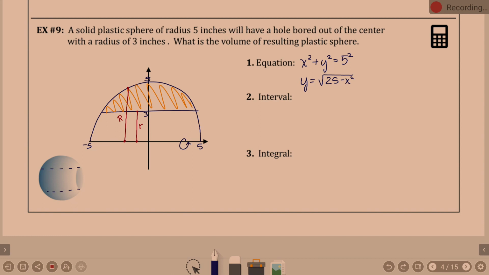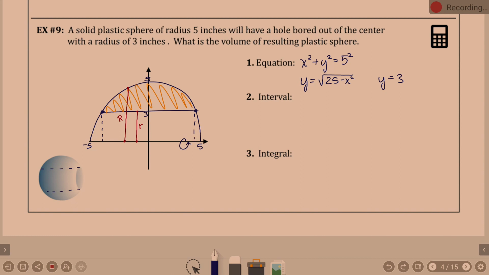And what's the other piece we're going to have to know? This line is y equals 3. We need some bounds. Those intersection points.